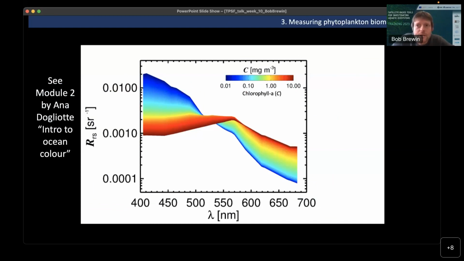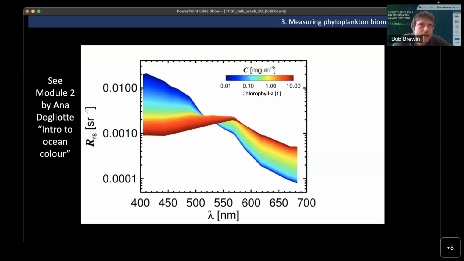Now, in terms of how we measure the chlorophyll concentration from space, I know some of this will touch on previous training modules, like Module 2 here, which gave us an introduction to ocean colour. But how we do it from satellite is simply by looking at the reflected light from the ocean surface and then relating that to the chlorophyll A pigment.